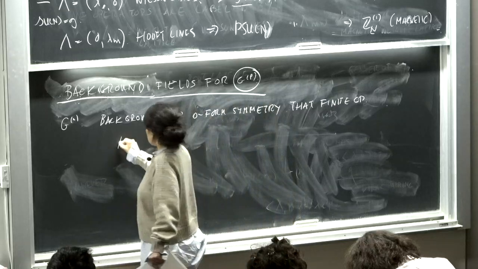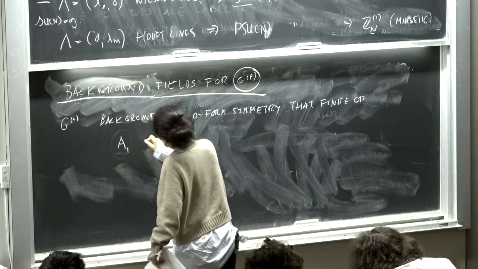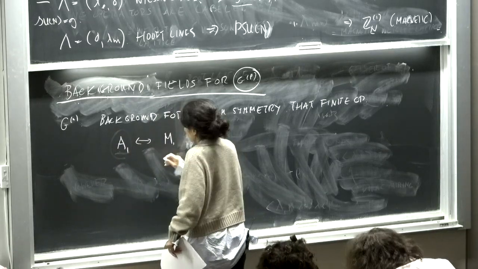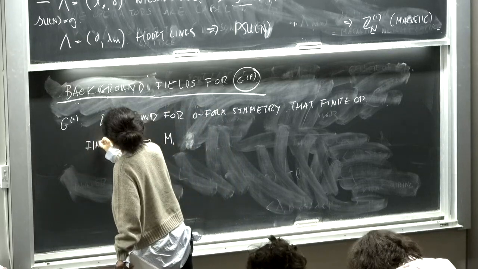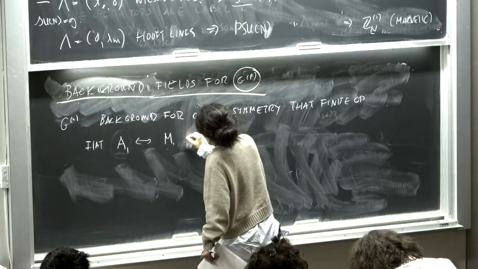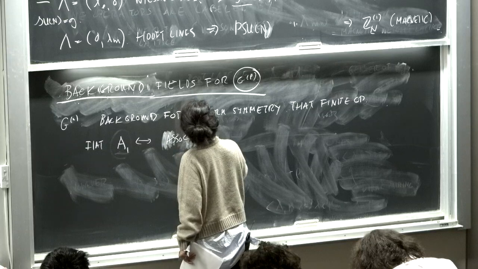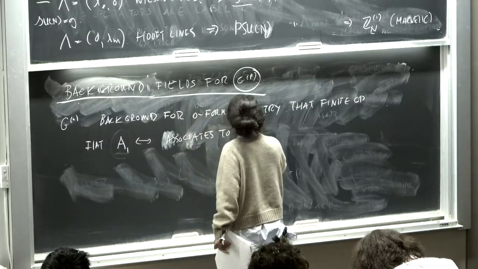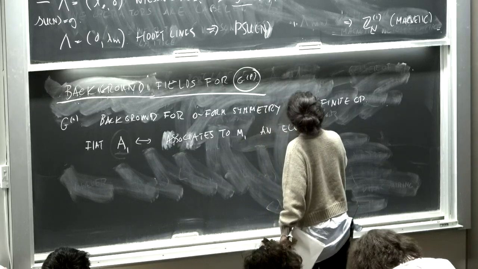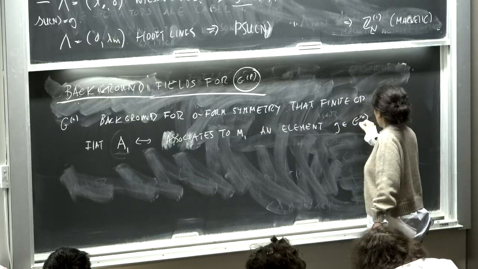is essentially associating this background field A1 to a one-cycle. It is a flat gauge field, and associates to an M1 an element little g in G0.